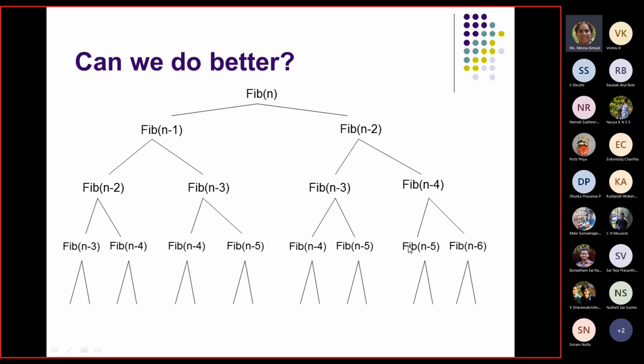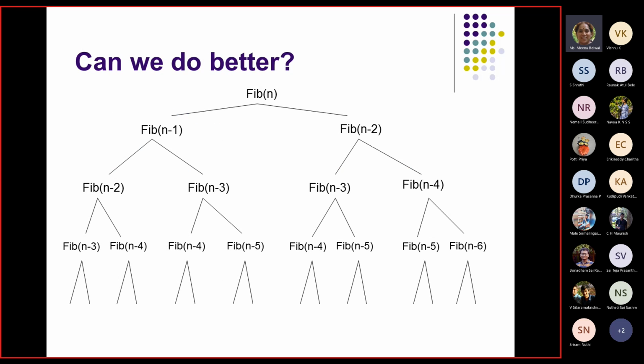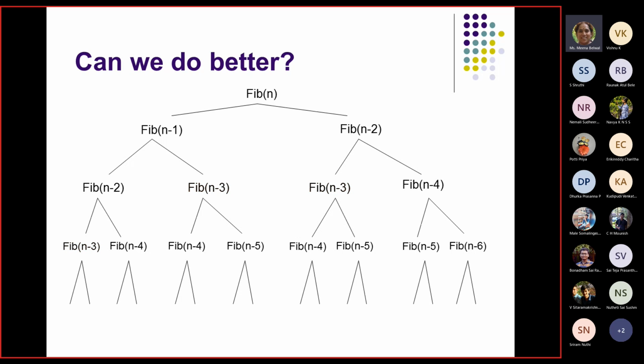So many things overlap. That's what we meant: the problems are divided, but the subproblems are overlapping. This is a dynamic programming situation. For example, fib n minus 3 you are calculating 3 times in this picture, and somewhere else also maybe. So the smaller subproblems are overlapping, and there is a lot of repeated work.